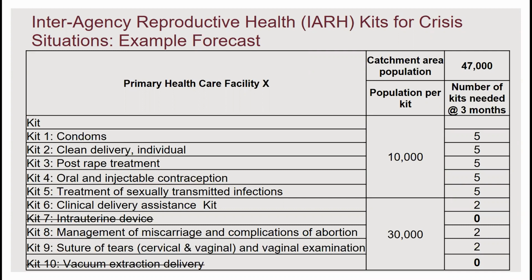You see those bolded zeros. So in addition to disaggregating by facility to know the number of kits per population size, the disaggregation can also account for facilities that do or do not provide a particular service. Keep in mind again that for these kits, the calculations and forecasts are based on total population of the catchment area.